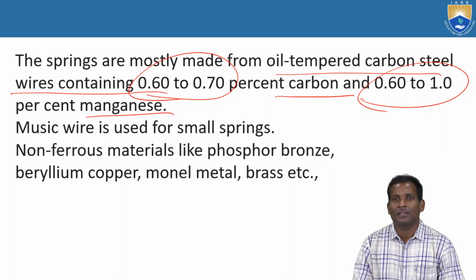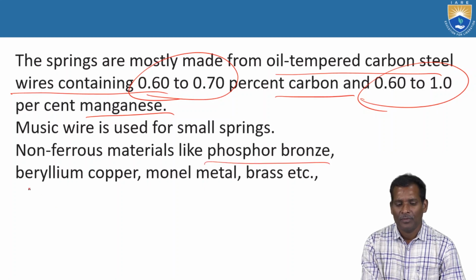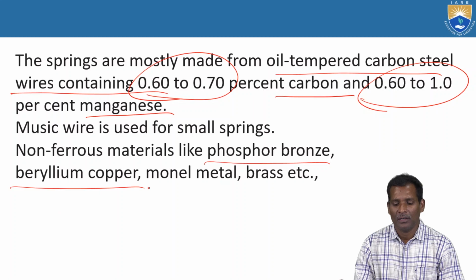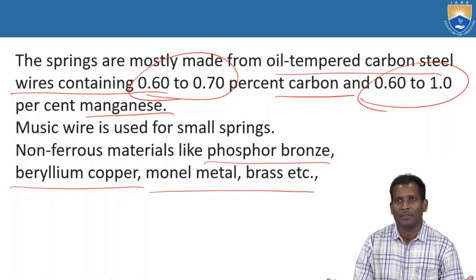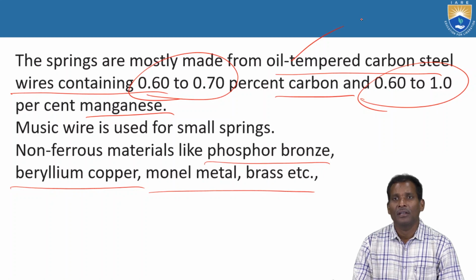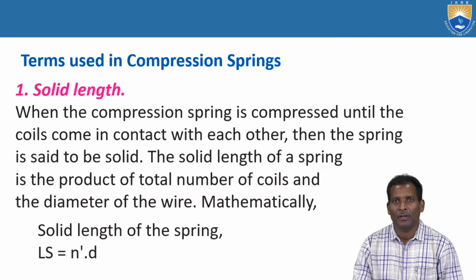Generally music wire is used for small springs, and non-ferrous materials like phosphor bronze, beryllium copper, monel metal, brass, etc. These are the non-ferrous materials, and the ferrous materials are already explained in this line: tempered carbon steel wires are used, with carbon percentage 0.6 to 0.7 and manganese percentage 0.6 to 1.